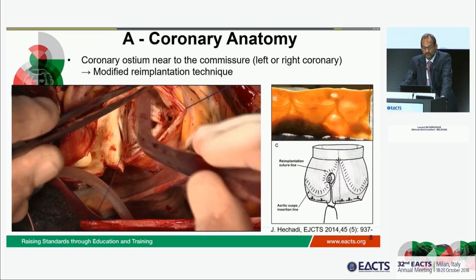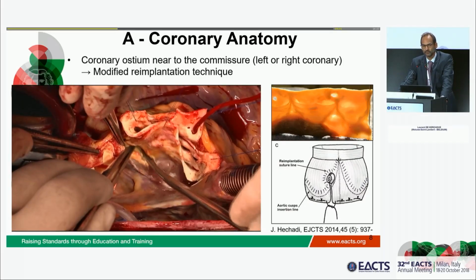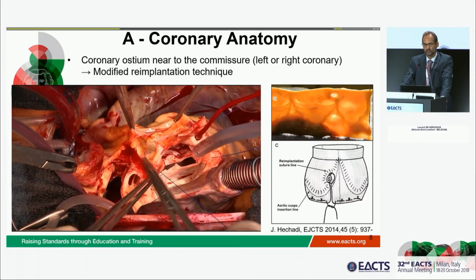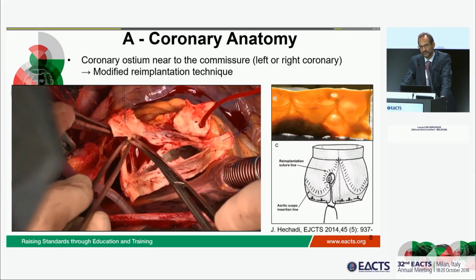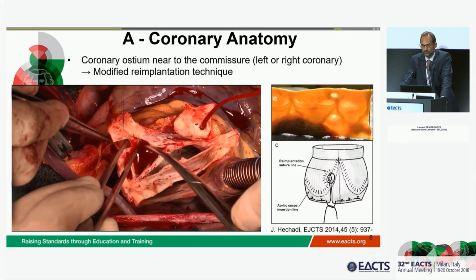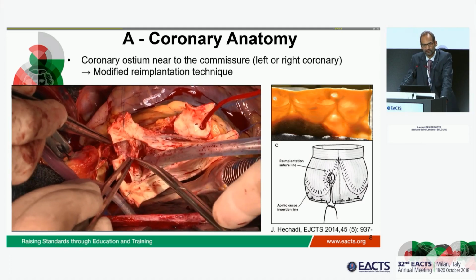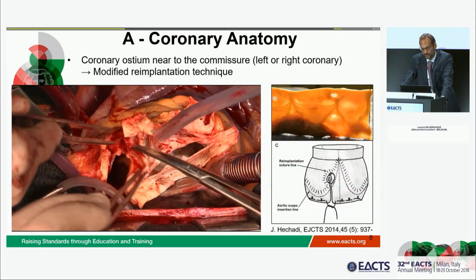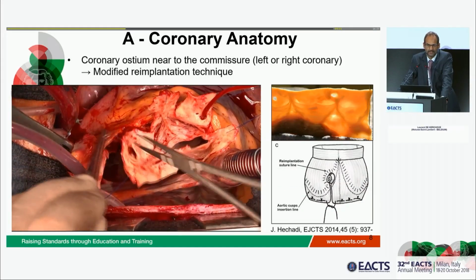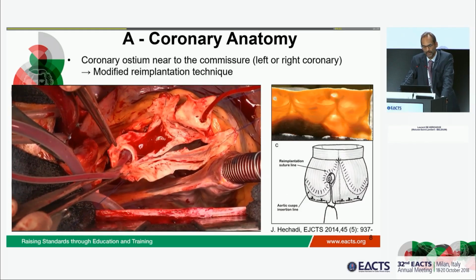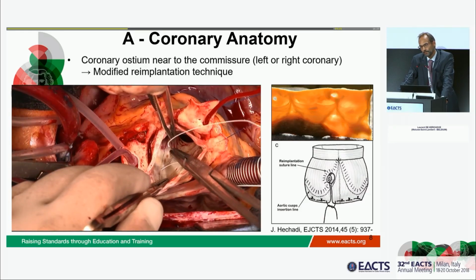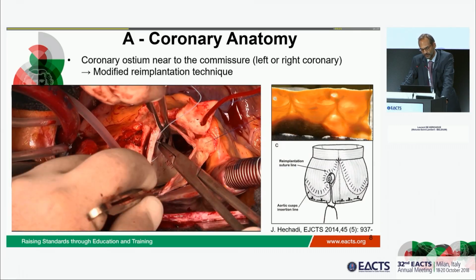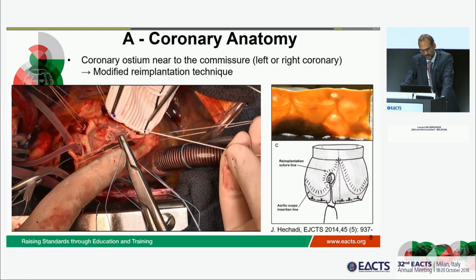Now, a coronary ostium can be very close to a commissure. So generally you detach the coronary ostium from the commissure, but when it is very close to it, you have to adapt your technique to still do your valve sparing reimplantation, preserving the commissure of the valve. So we leave the coronary ostium attached to the commissure, and we have published a modified reimplantation technique to be able to make this procedure in those very specific anatomy.